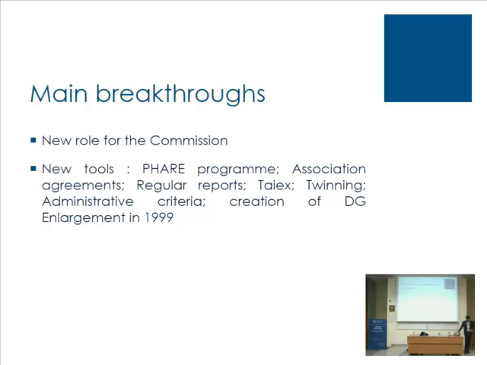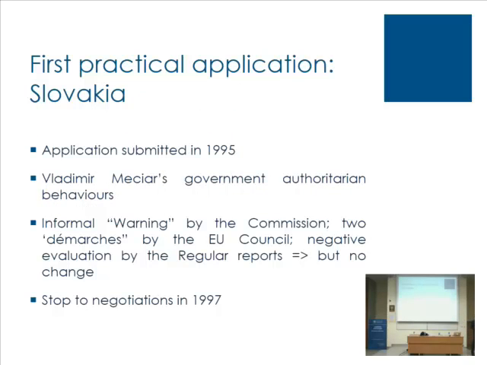So, actually, this criteria was set up in Copenhagen in 1993, and after that, negotiation began only in 1997. There was only one case where the evaluation of the EU Commission was negative in 1997. It was with Slovakia.